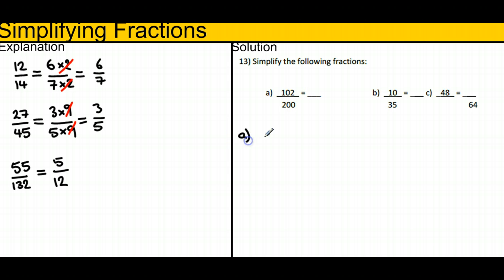So for part A, we've got 102 divided by 200. Now you can go for the easy option of saying, well, let's do 51/100 just by halving both. And are there any factors that will go into both?